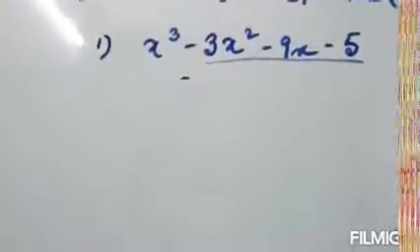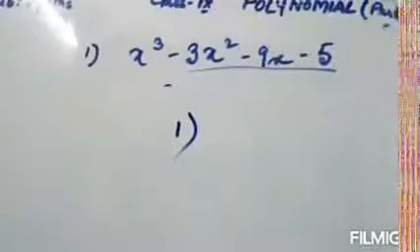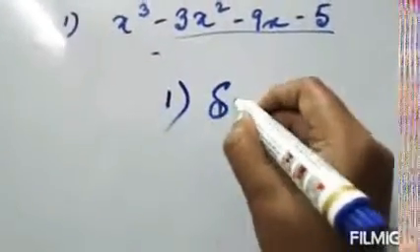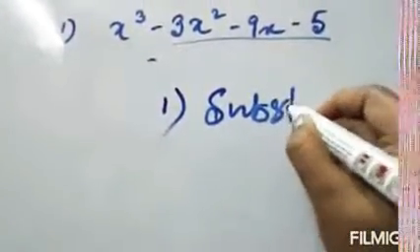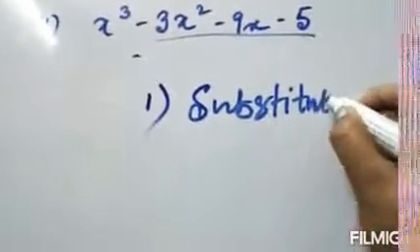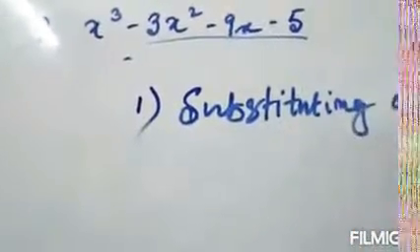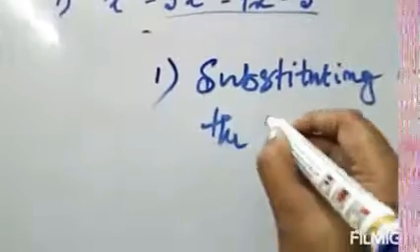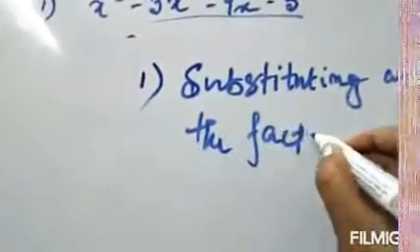Substituting all those you can get the factors. So the way is substituting all the factors of the constant term.